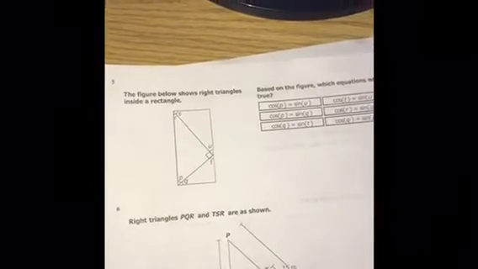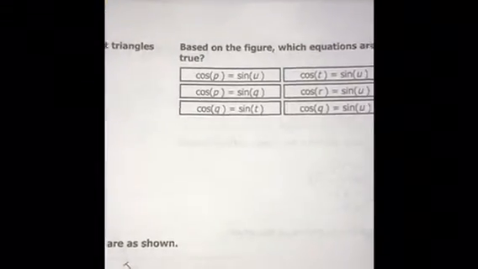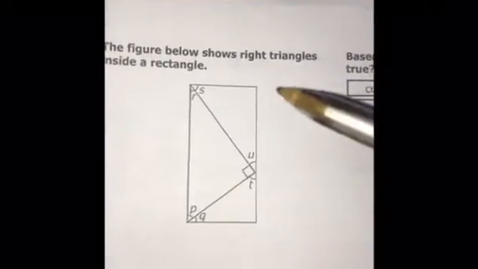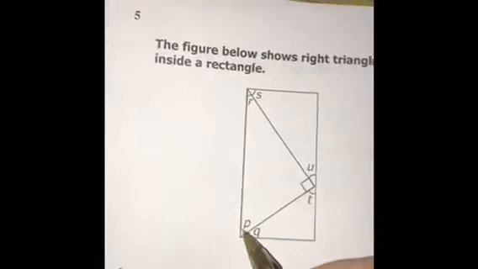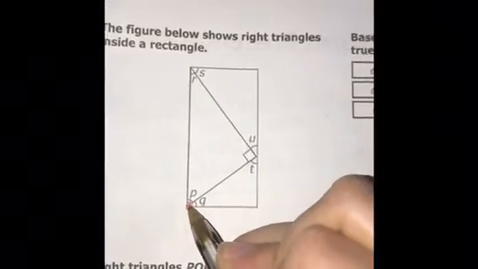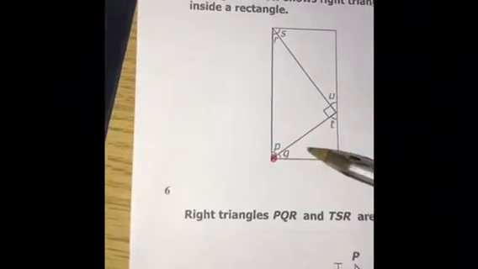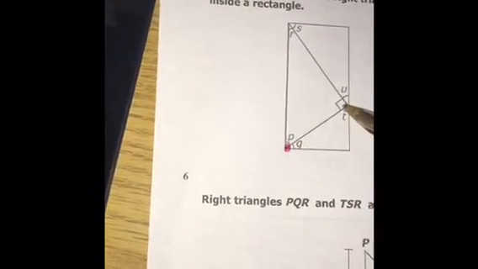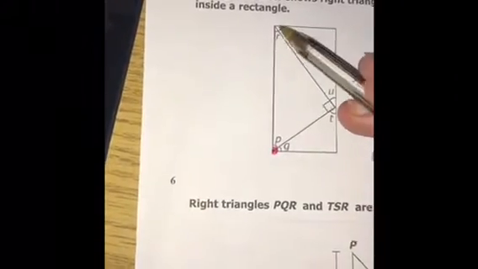Now for number 5, it says the figure below shows right triangles inside a rectangle. Based on the figure, which equations are true? Okay, and so by the properties of the rectangle, we're going to be looking at the degrees, really. So first we have cosine of P equals sine of U. If we look at cosine of P, so if we have P right here, cosine would be adjacent over hypotenuse.